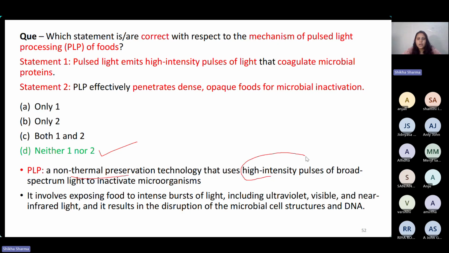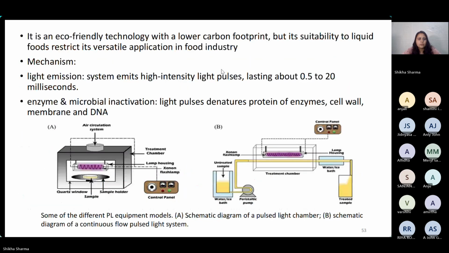It uses high intensity pulses of broad spectrum light to inactivate microorganisms, exposing the food to intense bursts of light like UV, visible, and near infrared, which disrupt the microbial cell structure and affect the DNA.